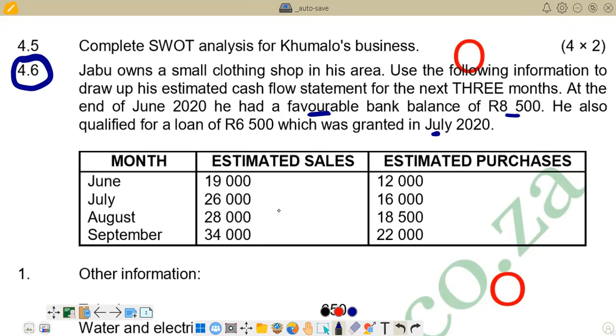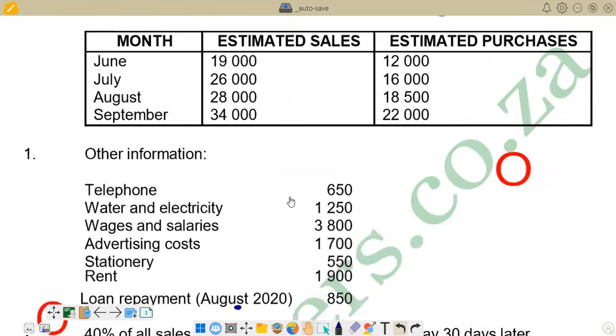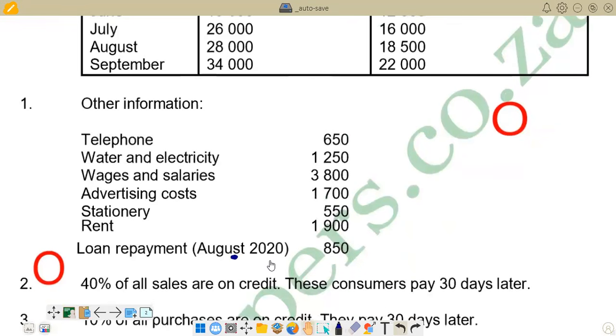Then on estimated purchases, we are going to also listen to the instruction and see what we are going to do there. Then under that, we also have other information that we are given. So we are given a list there. You are seeing that that is a list of expenses. We've got telephone, water, electricity, wages and salaries, advertising costs, stationery, and rent. They are representing expenses. So these are going to be our payments.